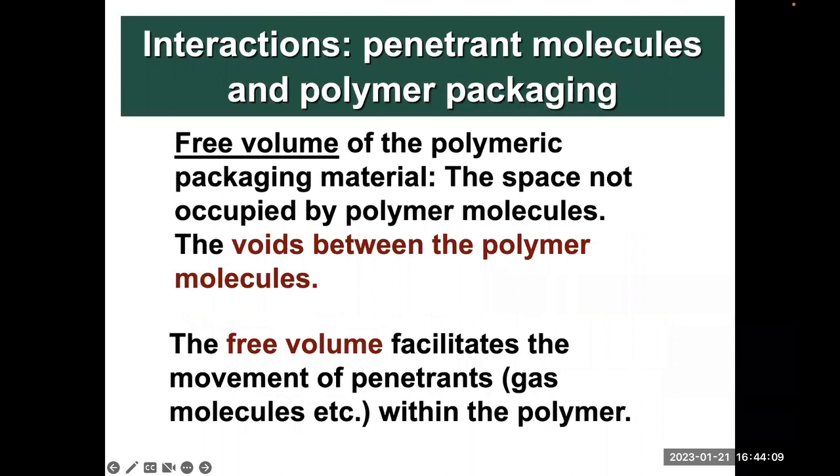So I mentioned crystallinity and distance between the chains, right? We talked about amorphous versus crystalline regions. We talked about spherulites before, right? The amorphous areas inside the polymer are the areas where technically we have voids, we have free volume. And those areas are not occupied by the polymers.